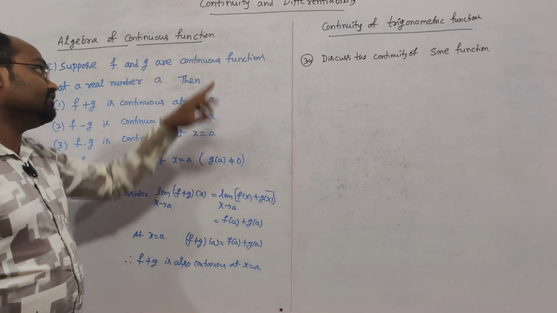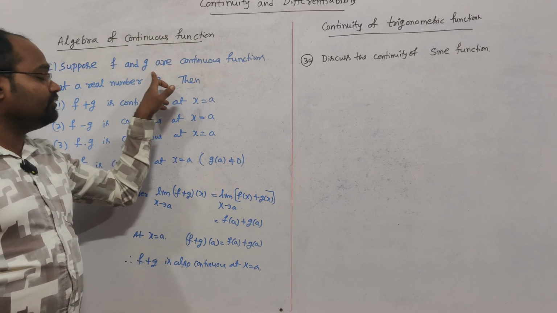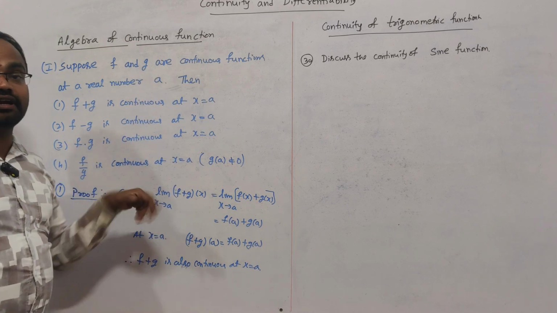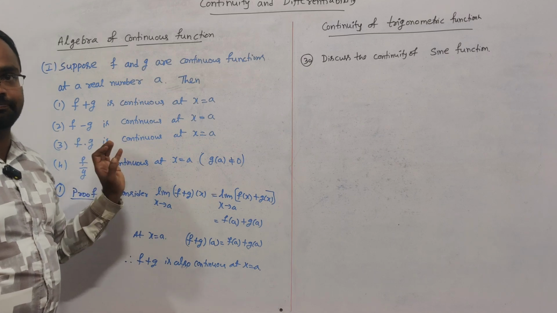That is very important. If f and g are defined in the same domain and both are continuous, then all these are continuous functions. So that's about the algebra of continuous functions.